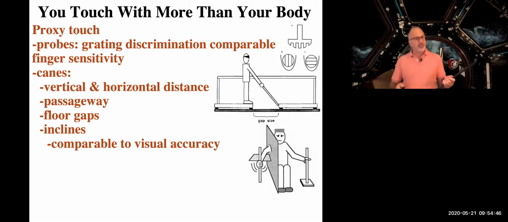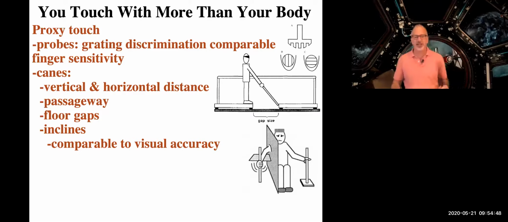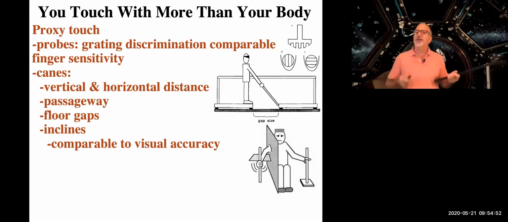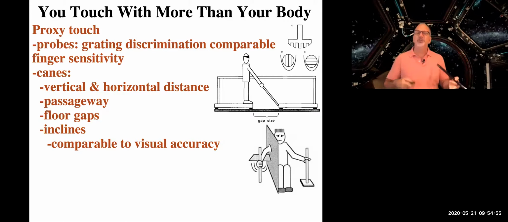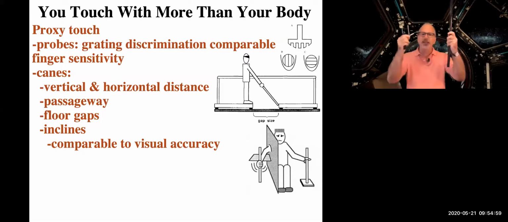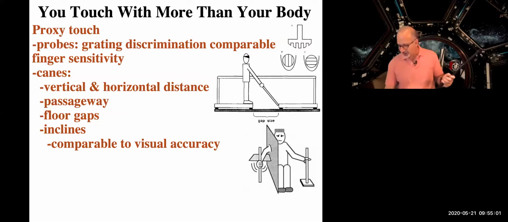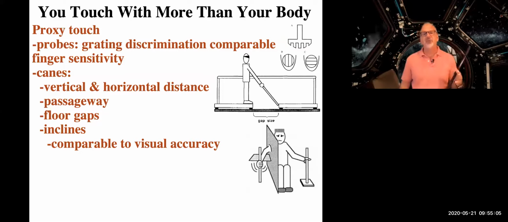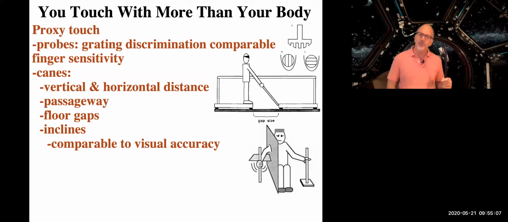Okay, a couple more things I wanted to mention about proxy touch, because I think this stuff is so cool. First of all, we talk about proxy touch as being used through tools like a cane, like the probe, like the spoon I just discussed. But there are proxy touch examples that really involve one's own body.